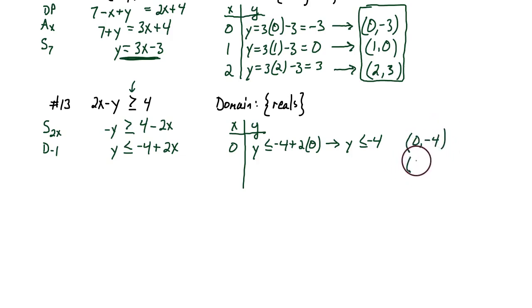Another possibility is when x is 0, y could be equal to -5. Remember, y is anything that is less than or equal to -4. -5 is less than -4. Here's another possibility. When x is 0, y could be -6.